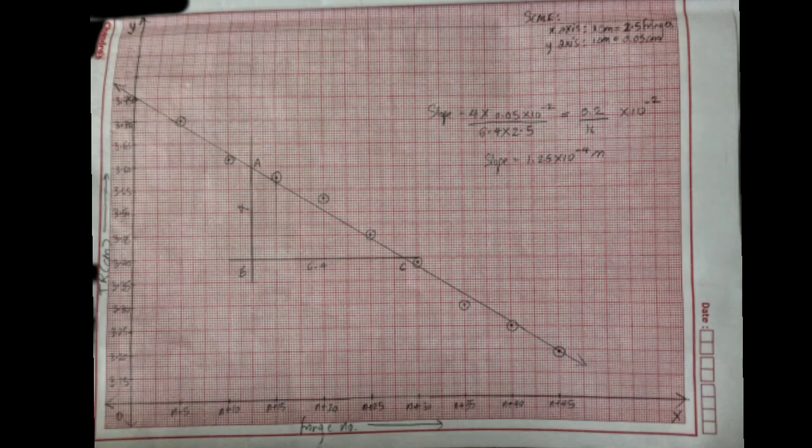That doesn't matter. So when you plot it, you'll expect a straight line graph, and the slope of this graph will give you beta, or the fringe width again. So it will be total reading divided by number of order of the fringe.